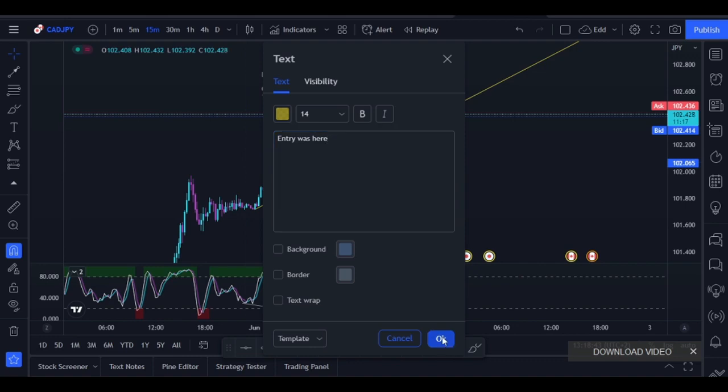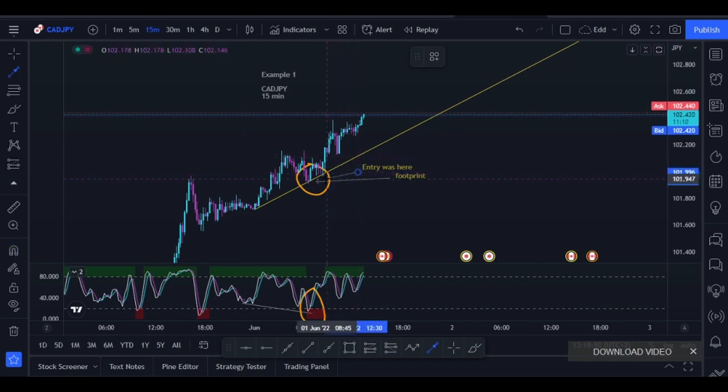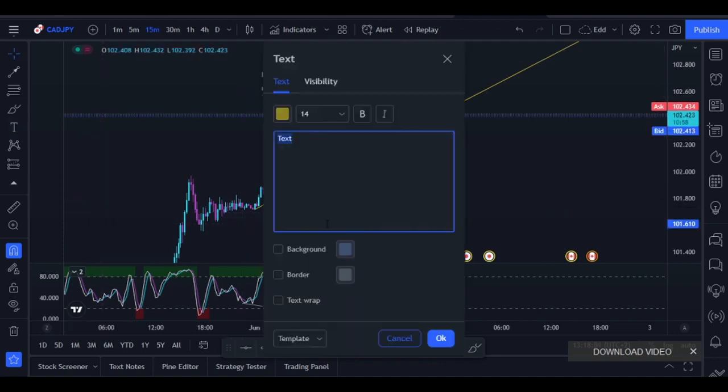Let's type this out. Entry was here. Let's draw a line right there. Then your stop loss will be a trailing stop.